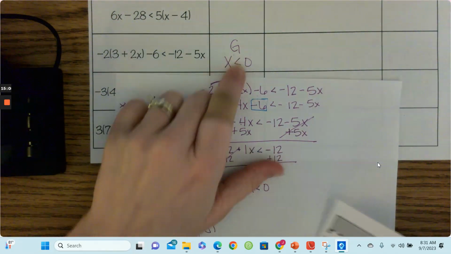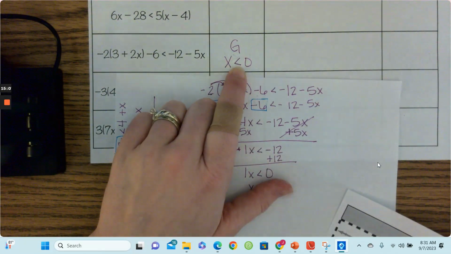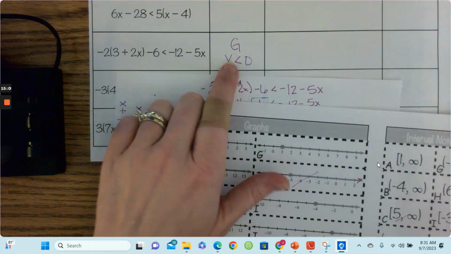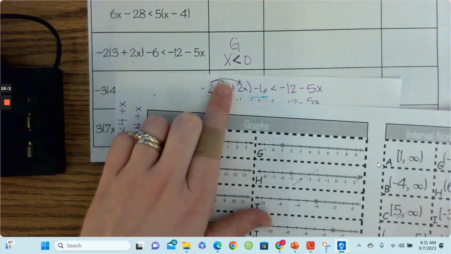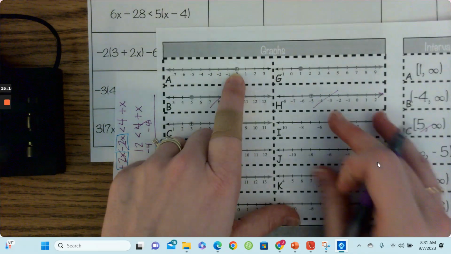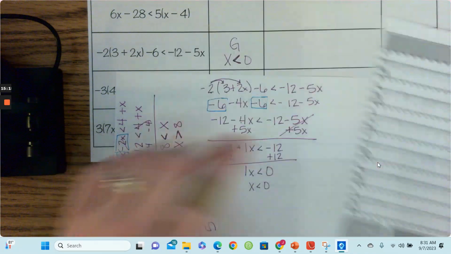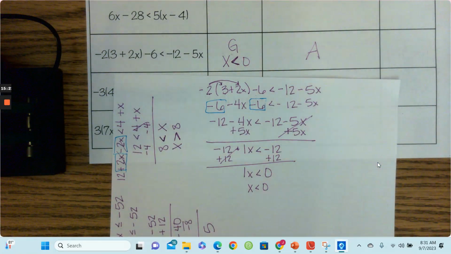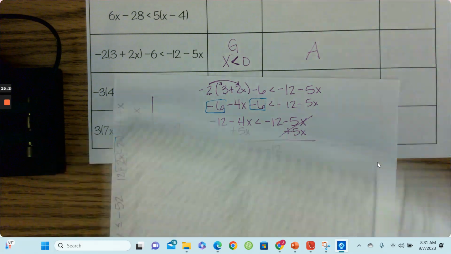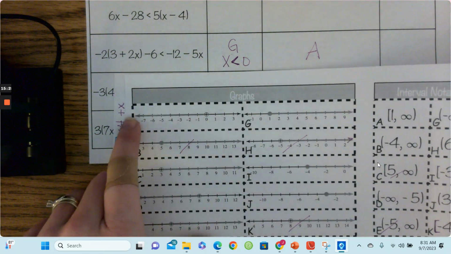All right. Open circle at 0. But look at the arrow. The arrow needs to be pointing left this time. So again, make sure. All right, my starting point is a little bit different on these, because I'm going all the way to negative infinity.